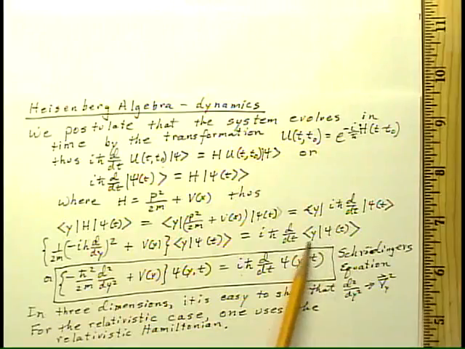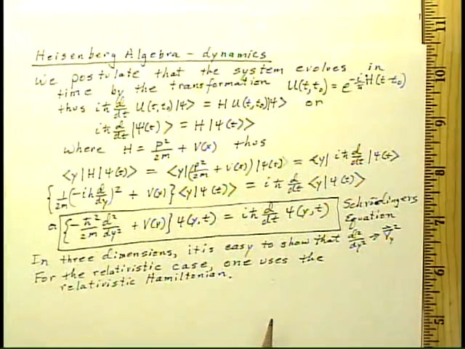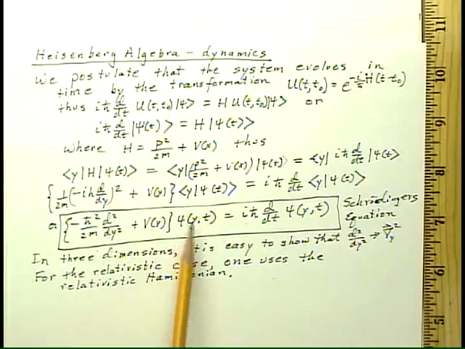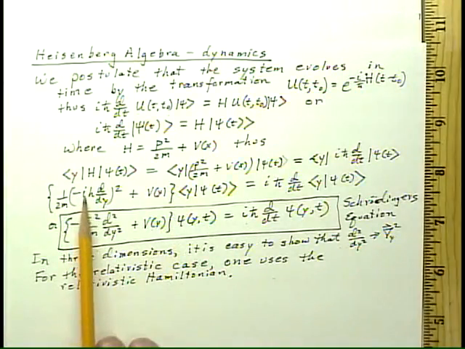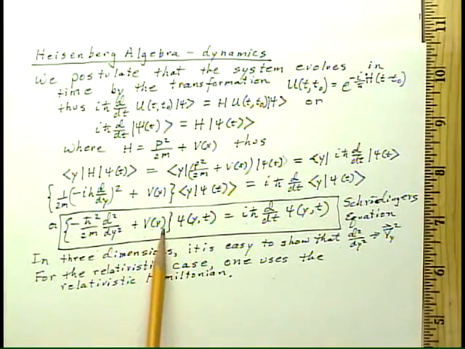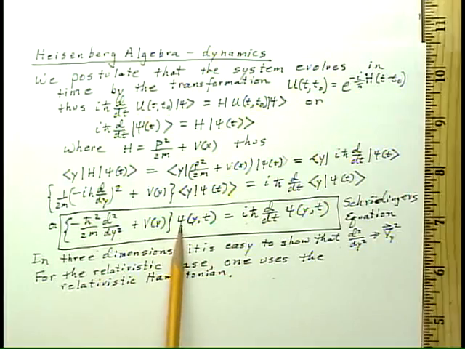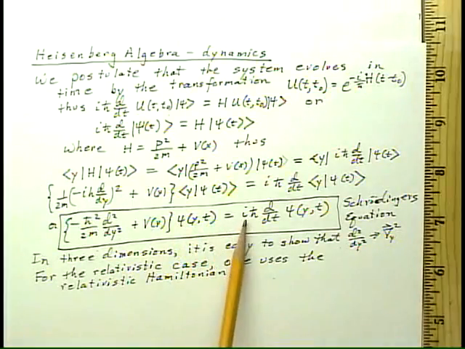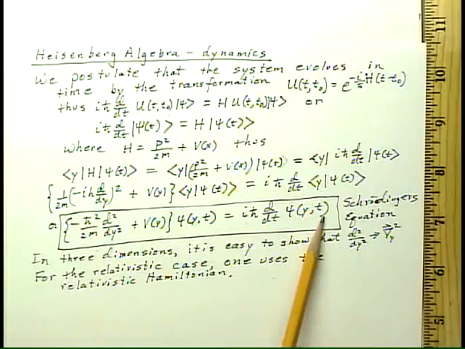This again gives us a psi of y, and so now when we write this in the form psi of y and t, because psi now depends on the parameter y, which we're now looking at as one-dimensional, we have minus i times i, which gives us a minus sign, h bar squared over 2m, d second by dy squared plus V of y as a linear operator acting upon psi of y and t, and that has to equal i h bar d/dt of the same function.